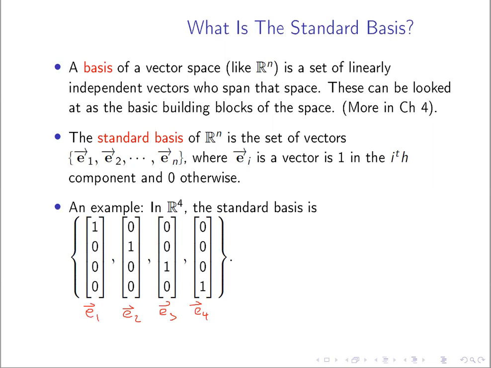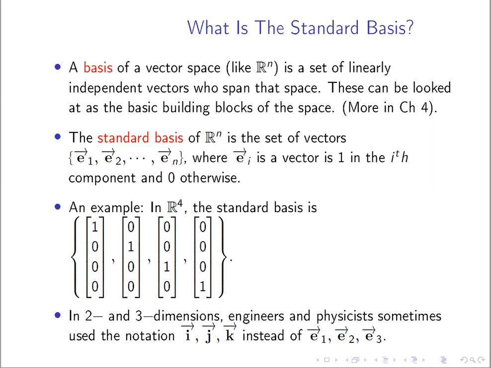But, and this is really important, for 2 and 3 dimensions, some of you may be familiar with what are called i, j, k. Sometimes even in Calc 3 they do that. It's really only used by engineers and physicists. Mathematicians really don't do that because it doesn't make any sense if you're going to go to higher dimensions; you've got to throw that out and switch over to E. So why not just be consistent and use these E's everywhere?